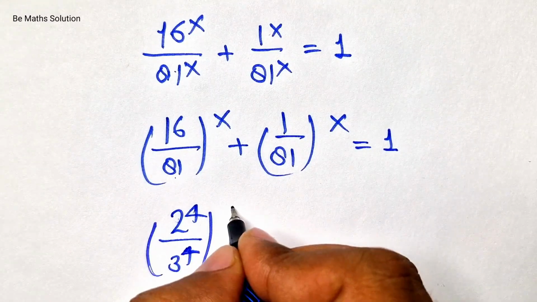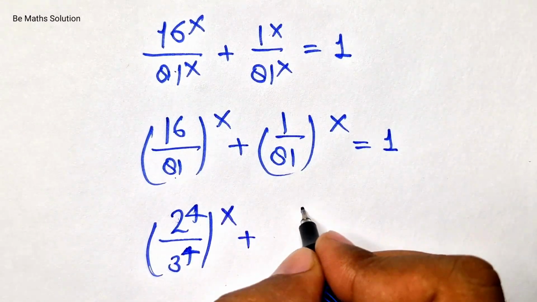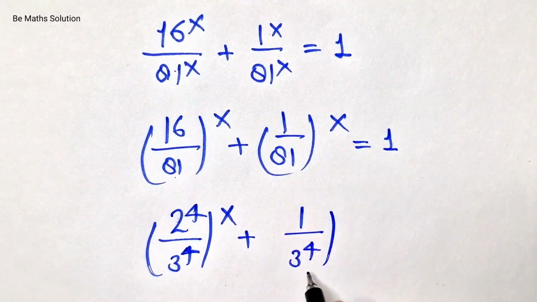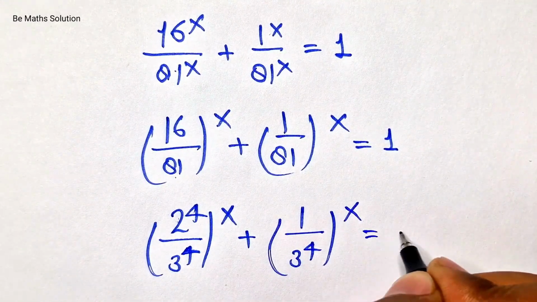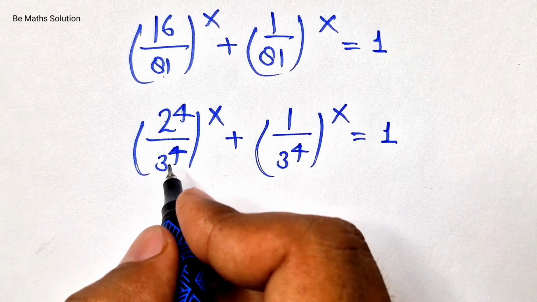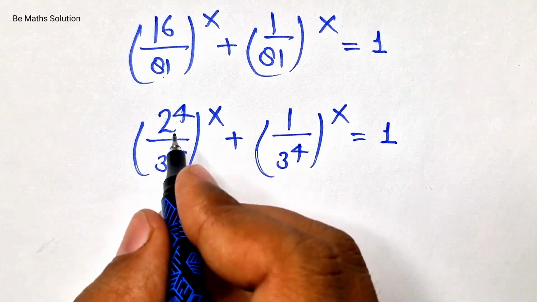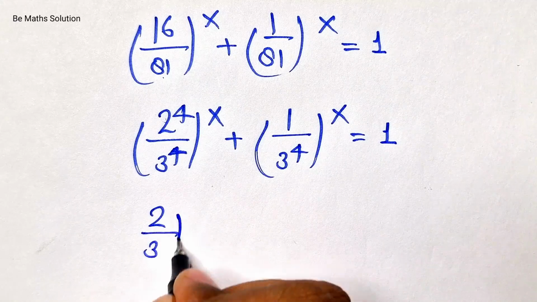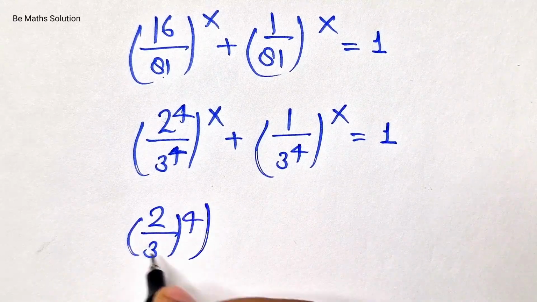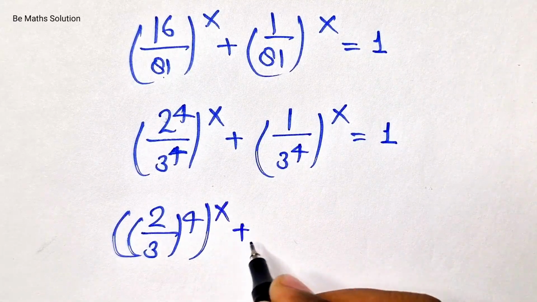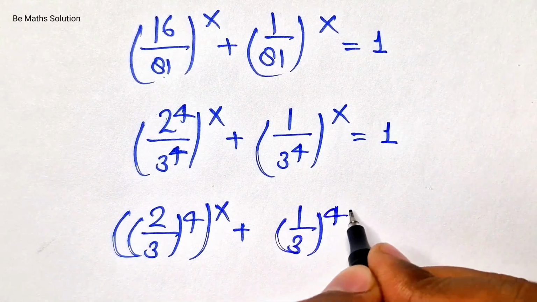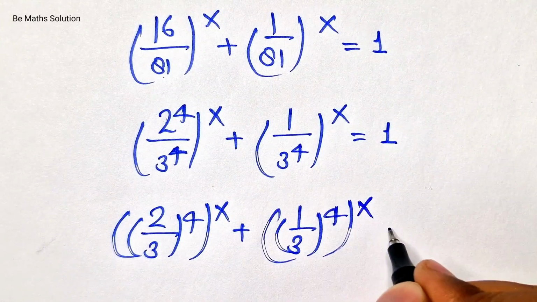Since the power 4 is common, it will be (2 over 3) whole power 4, whole power x, plus (1 over 3) whole power 4, whole power x, is equal to 1.